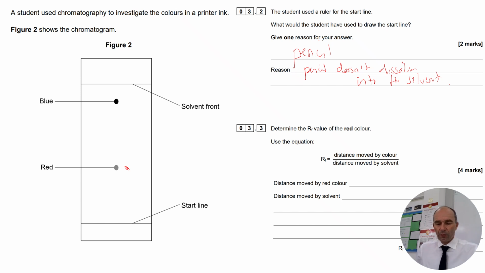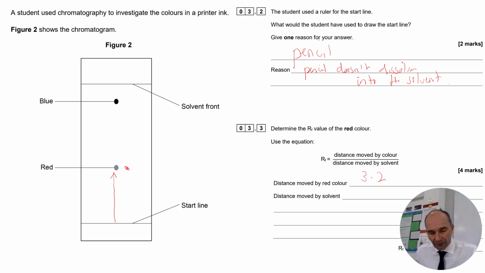So the distance moved by the red colour, you would get your ruler and measure the distance from the start line to the centre of the red dot. Now you've got to be careful on how you've printed out your exam paper, because sometimes it prints out different sizes. But going from the mark scheme, the distance moved by the red colour is 3.2 centimetres.